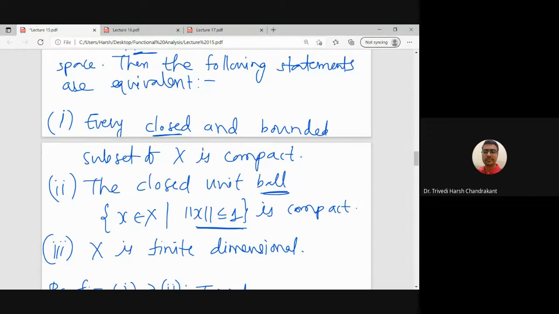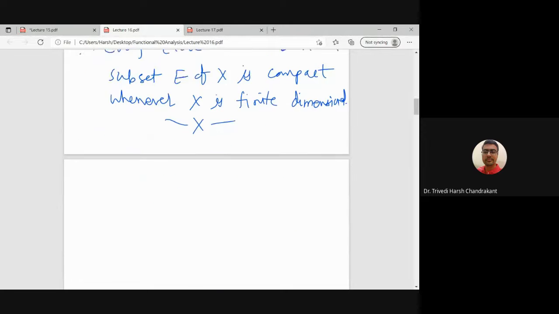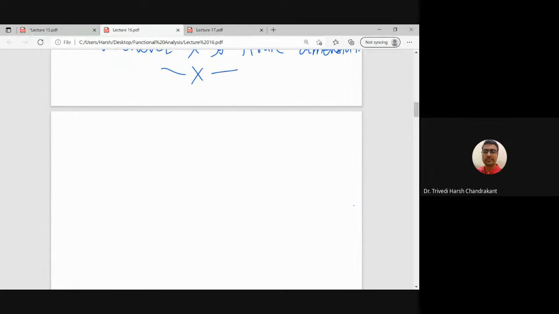So if we take an infinite dimensional normed linear space, then as an application of this result, the closed unit ball is not compact. We have studied infinite dimensional normed linear spaces: L1, L2, L infinity, the set of all polynomials. All of them are infinite dimensional normed linear spaces.